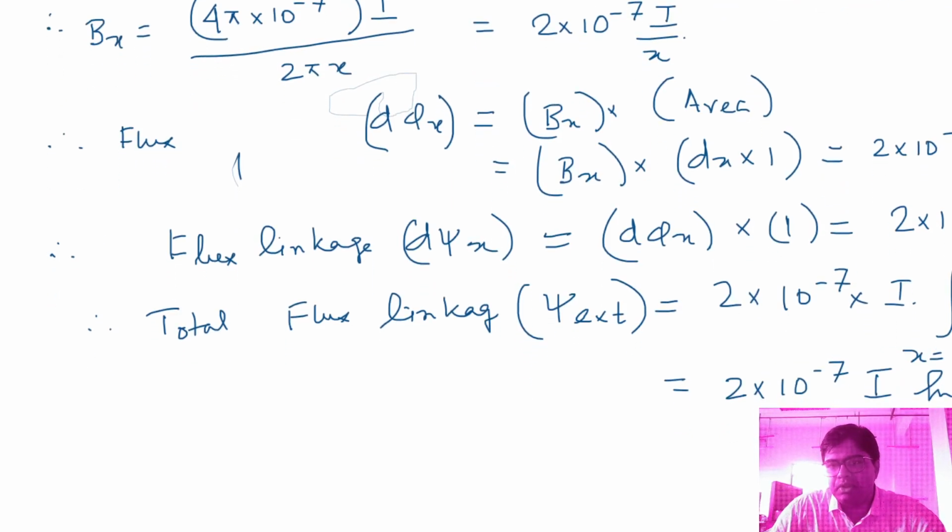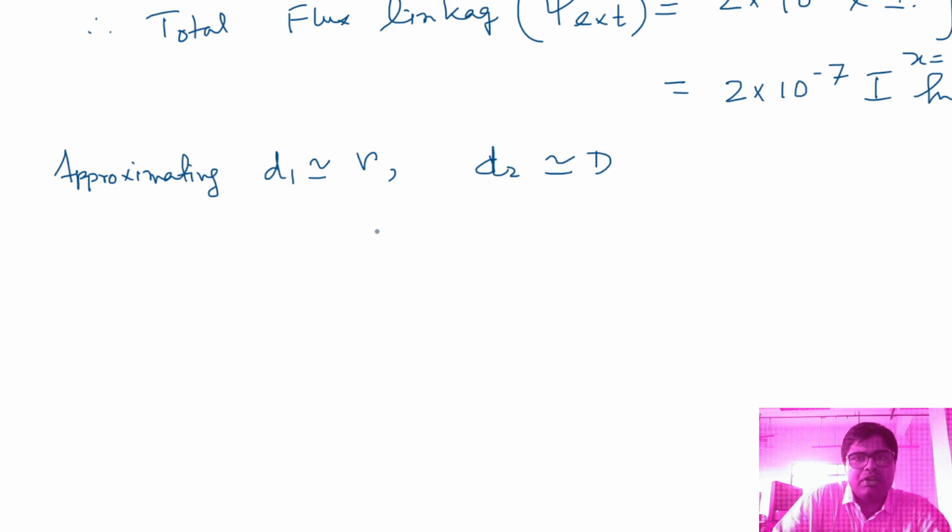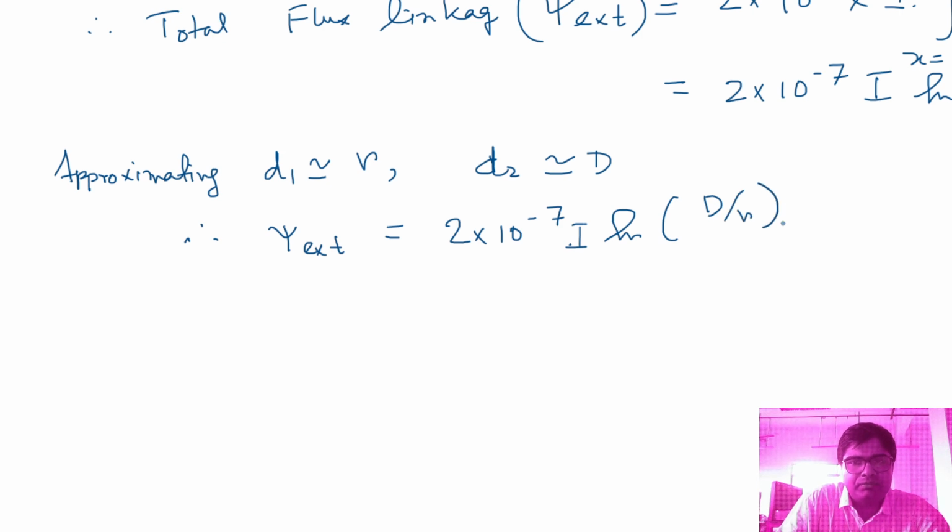So we are approximating d1 nearly equal to r and d2 nearly equal to capital D. From there we can say external flux linkage will be equal to 2 into 10 to the power minus 7 I ln d by r.